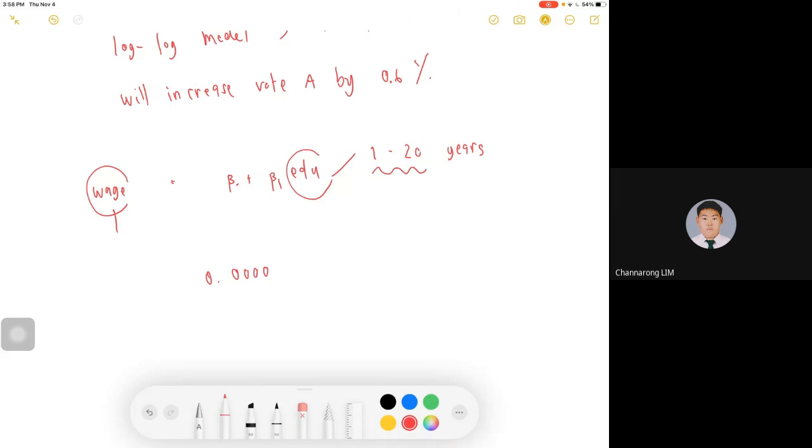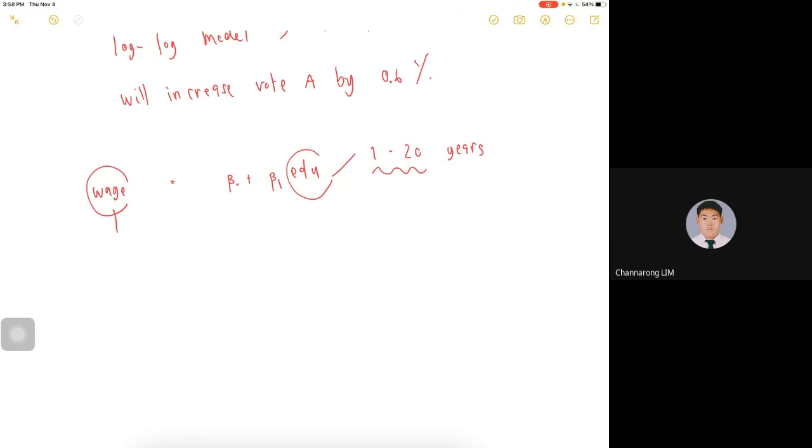I recommend you to do something like your friend asked me. You can just multiply by a constant to change your unit. For example, for your observations 1, 2, 3, they might have $1,000, another one $10,000, and another one 50,000 US dollars. And you think that the number here is pretty big if you compare it to your dependent variable.